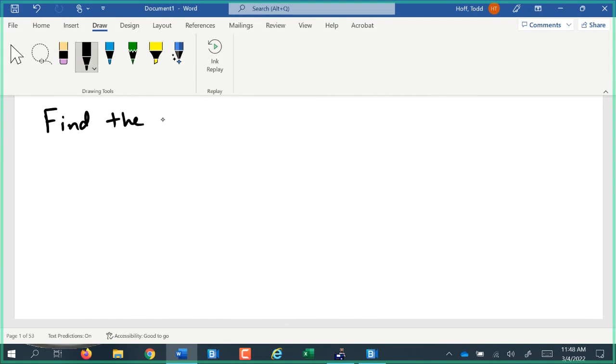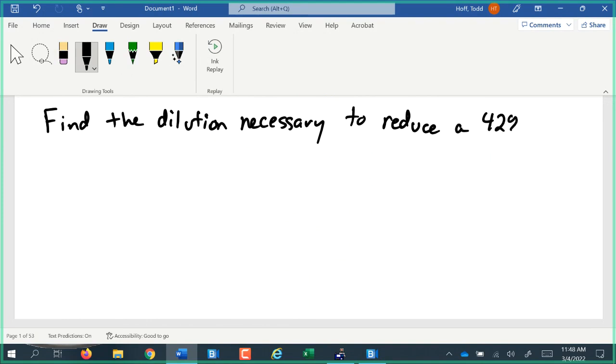Find the dilution necessary to reduce a 42% solution to 12%. So again, the dilution itself is going to be equal to the ratio of the concentrations.